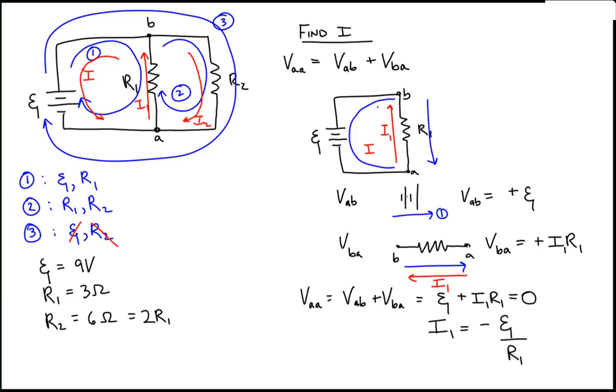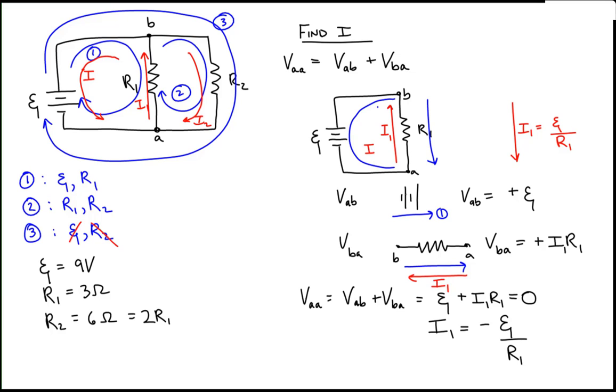I assumed the current is going up, but in actuality, the current is going down with the magnitude equal to the ratio of the EMF of the battery to the resistance of resistor 1. So I assumed the wrong direction, but that's okay because I know how to interpret the minus sign. The minus sign means opposite your assumed direction.